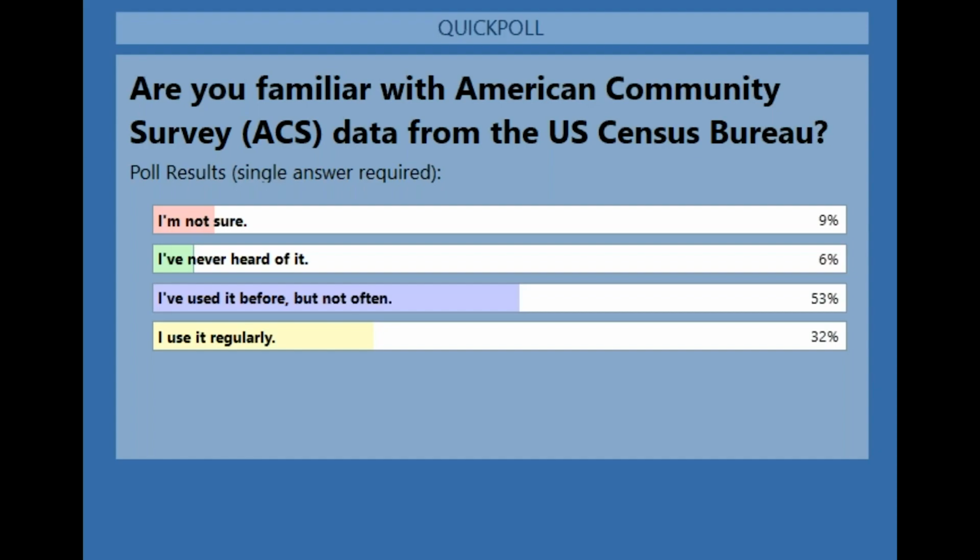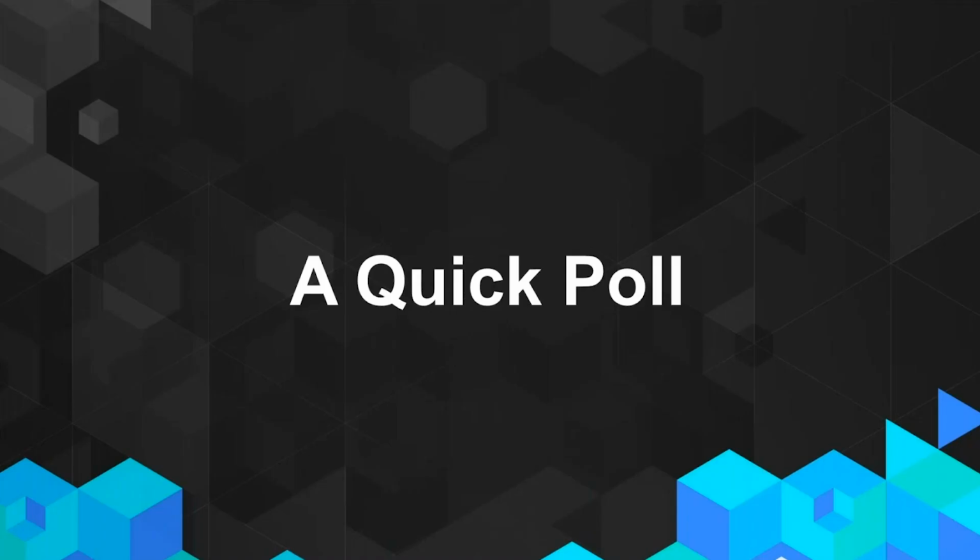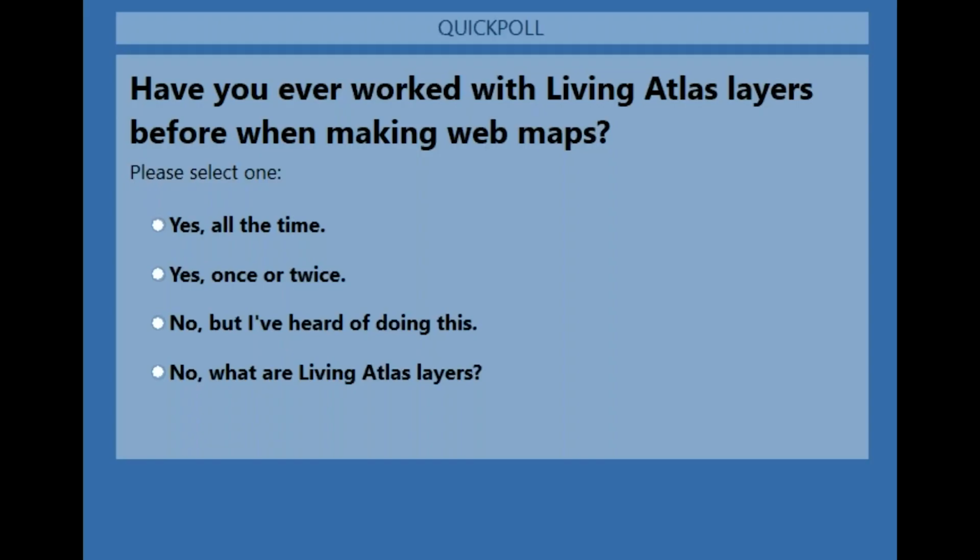Our next question. Have you ever worked with Living Atlas layers before when making web maps? Again, go ahead and click your response. I'll share the results with the group.